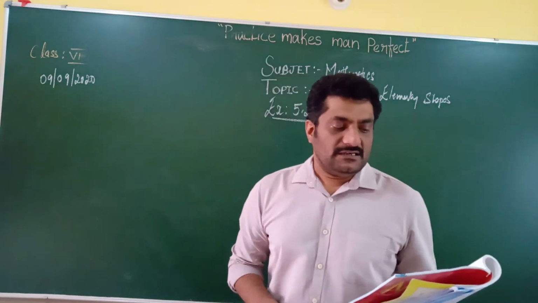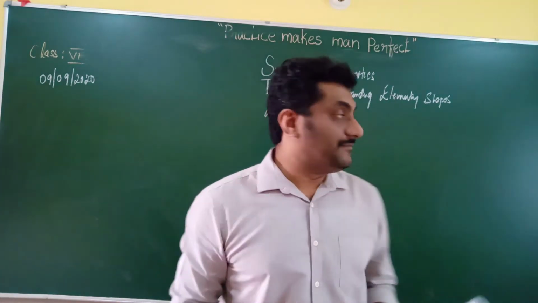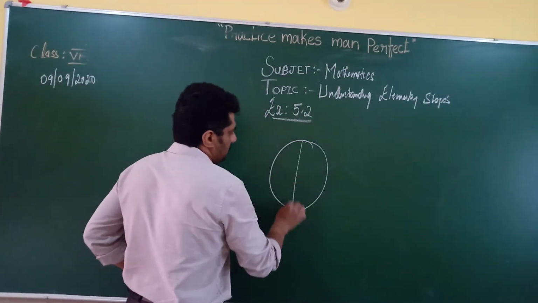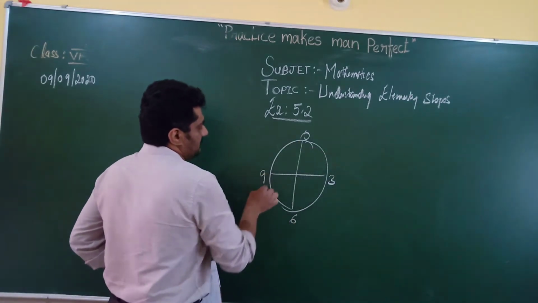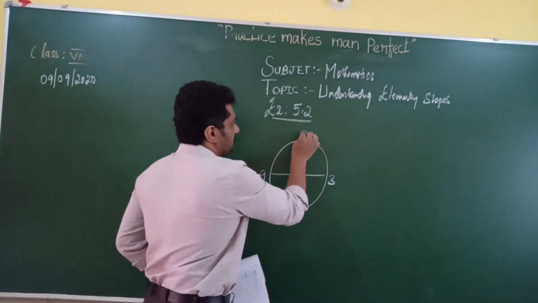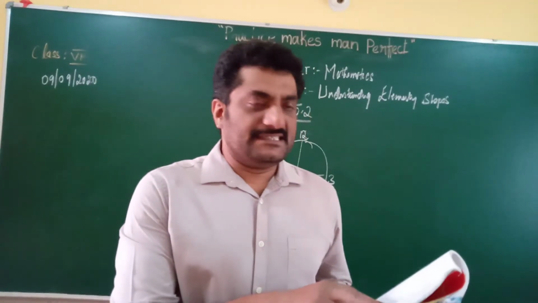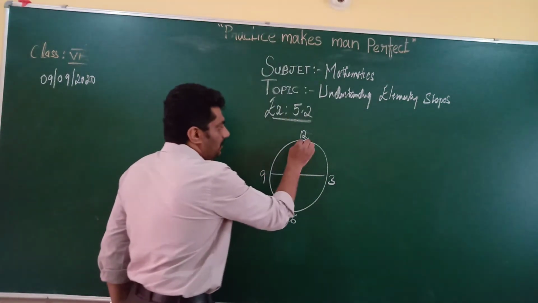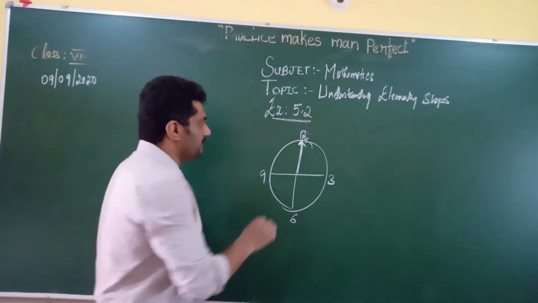In this second one, where will the hand of a clock stop? We have a clock here with 3, 0, 6, 9. Okay, let's take this one. It starts at 12 and makes half a revolution. So the clock is starting here. Half a revolution means what?